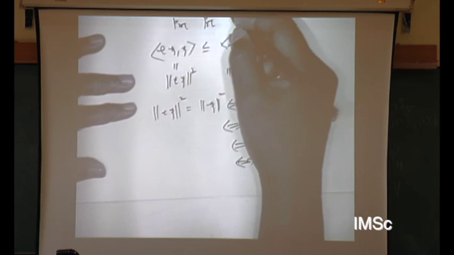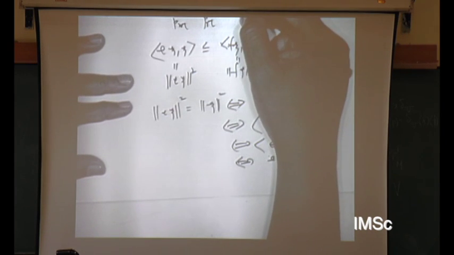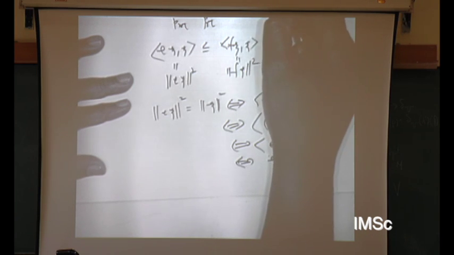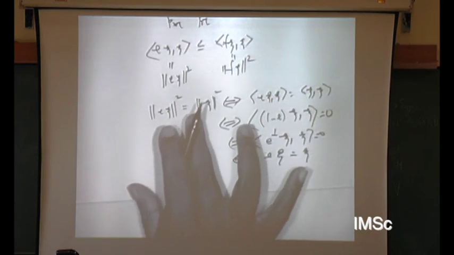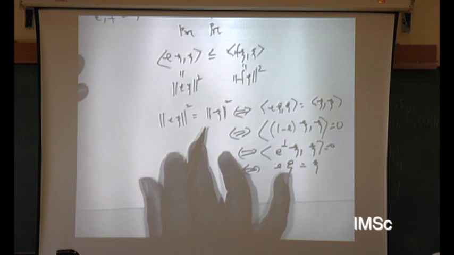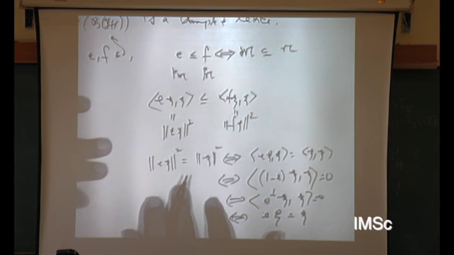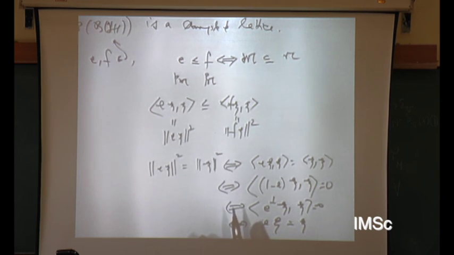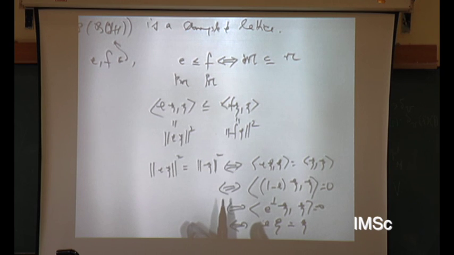That means this says that M is contained in N. So the order that you put on projections is the natural one. If one space is smaller than another space, then you think of the associated projection as being a smaller projection.